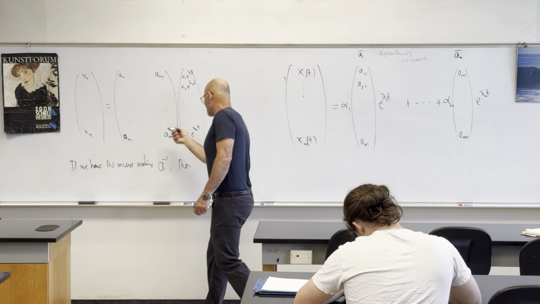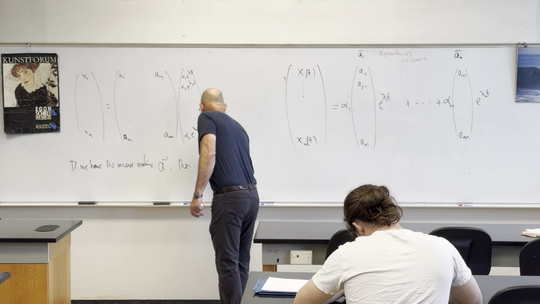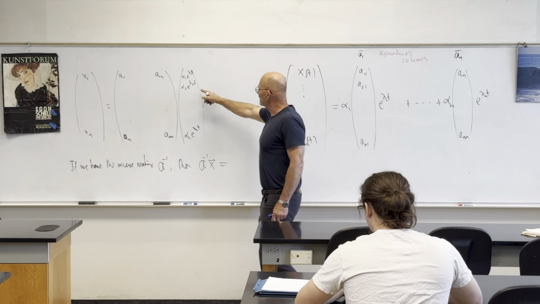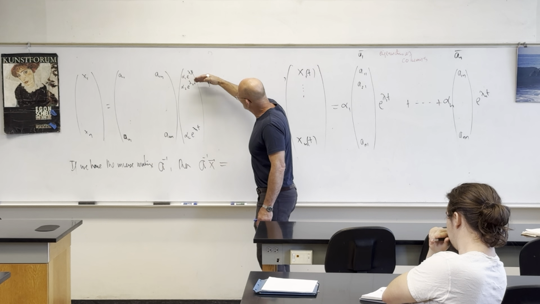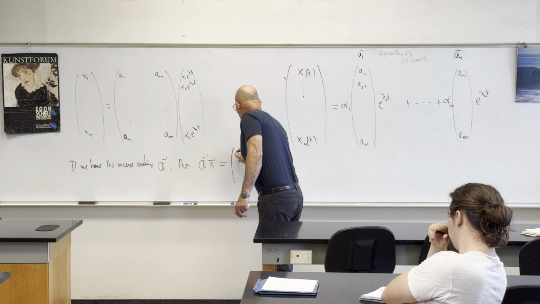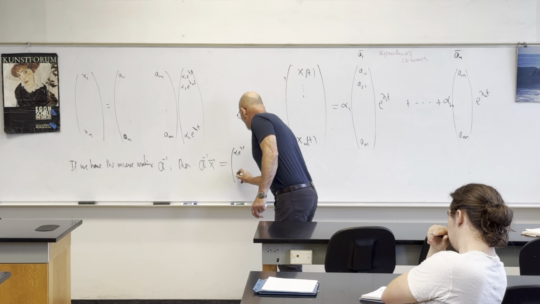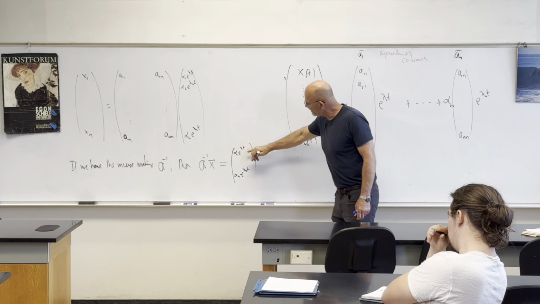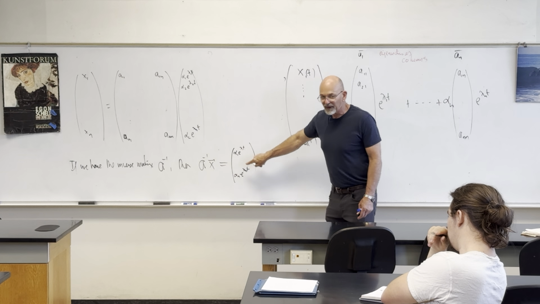So A right now, this lowercase a, is a matrix, then A inverse applied to x is equal to this column: alpha 1 e to the lambda 1 t, and so on. You remember these alphas were arbitrary constants, right? Through alpha n e to the lambda n t. Suddenly we have a vector, each of whose coefficients has one frequency only.